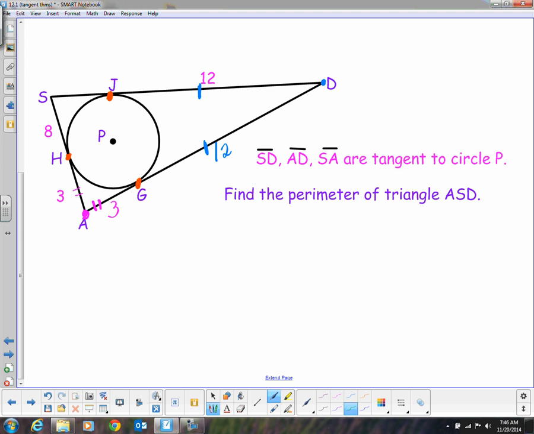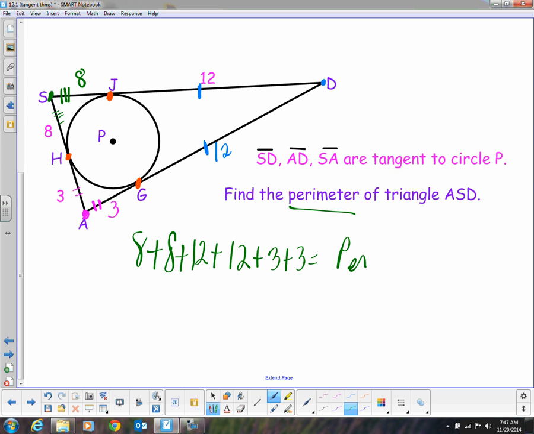Okay, so now let's go to S. What are those tangent segments? SH and SJ, so what's SJ? 8. So this segment is congruent to this segment. So if you want the perimeter, how do we find perimeter? So we're going to say 8 plus 8 plus 12 plus 12 plus is equal to the perimeter.